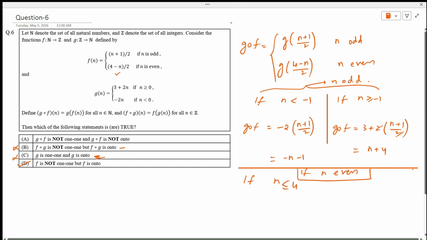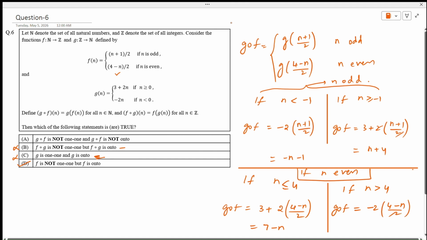So we'll write g of f equal to 3 plus 2 into 4 minus n upon 2, which is equal to 7 minus n. And clearly, if n is greater than 4, all we are getting is negative values. So g of f is minus 2 of 4 minus n upon 2, so that is equal to n minus 4.